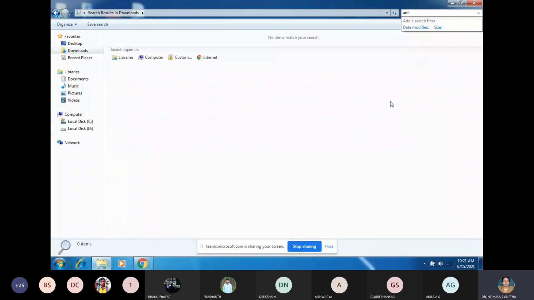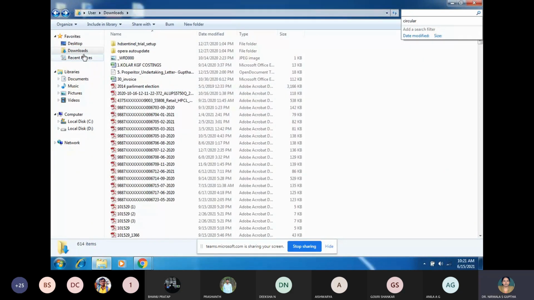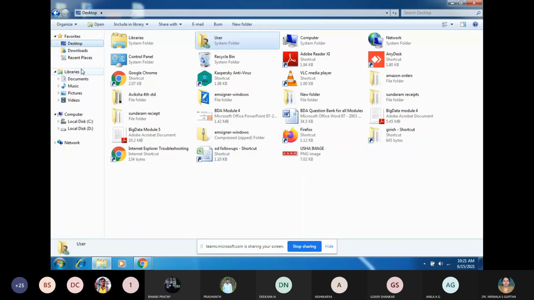Let me open this. There is some material in the BTA module, but I don't know whether it has the data set.